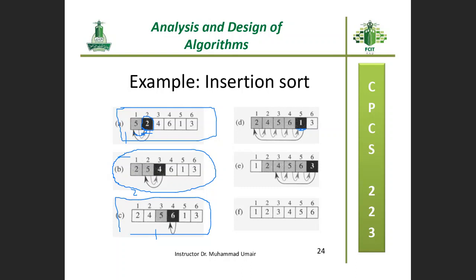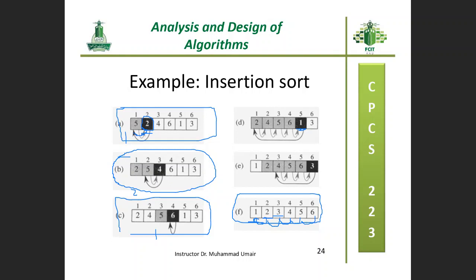So if the data is already in sorted order and you call insertion sort, then starting from the second index, after making a comparison, you do not need to swap. Then in the next iteration, 3 is greater than 2, so no further swapping. 4 is greater than 3, 5 is greater than 4, and 6 is greater than 5. So if the data is already sorted, you need the minimum possible number of comparisons.